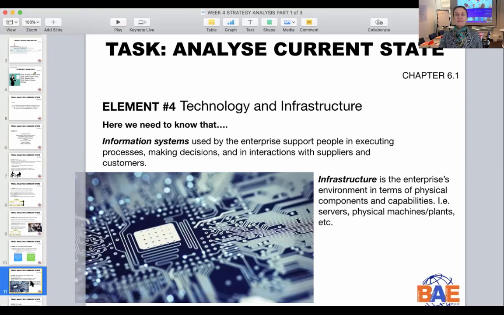So if you're looking at a particular domain to change, like for example, the finance department is looking for a new accounting solution because they believe that they've got real needs within that area, you will go and look at what are the systems that are currently in place. Then infrastructure would be looking at what hardware is in place. So what kind of server setups exist? Are there any machines involved, any plant machines?